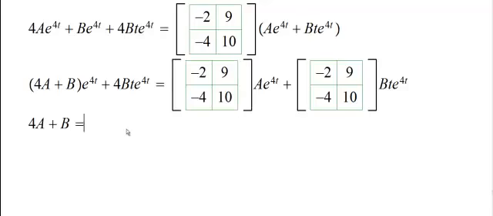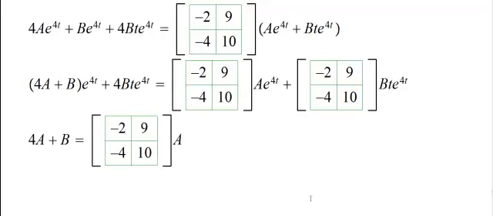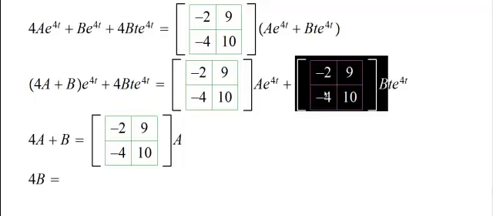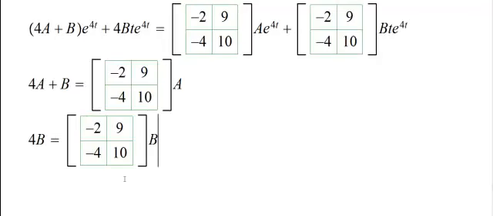So we are writing this, right? Are we clear? Then t e to the 4t here, and this guy times b, they have to match, right?